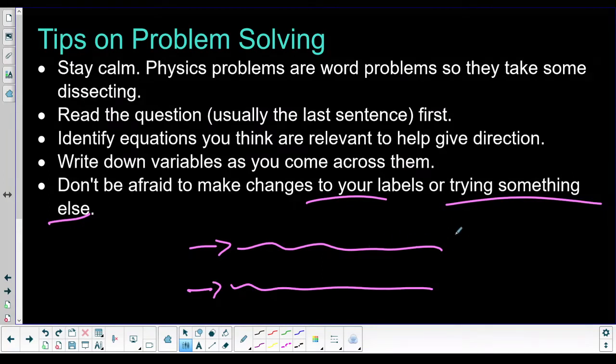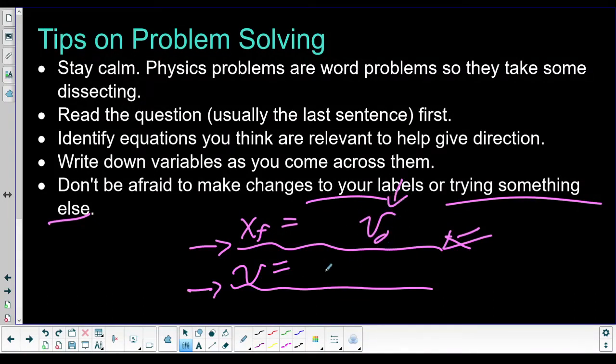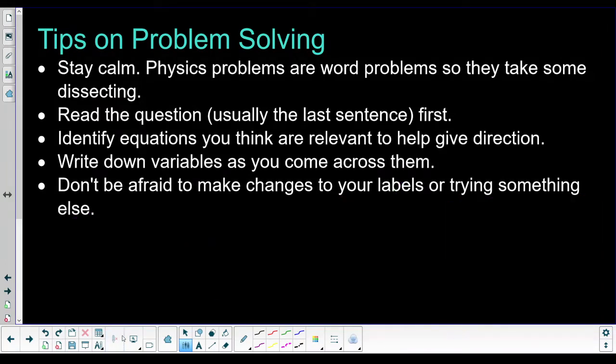Go, okay, that's the only equation. It's this equation, x final equals. Okay, but there are other equations where velocity is. So if you're trying to find this velocity, maybe go see if there's another equation later. That's not going to apply too much today, but it's good advice in general. All right, let's go do some problems.